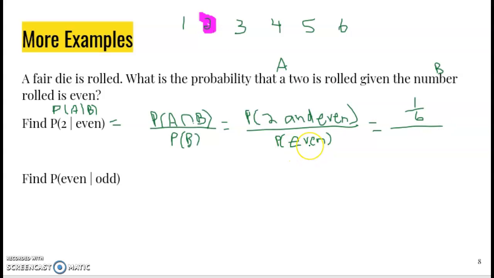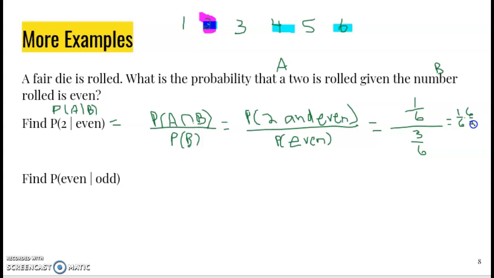The probability of it being an even number, however, out of this group is going to be a 2, a 4, and a 6. So in that case, my probability would be 3 out of 6, or a half. And when I divide these two, I get a sixth times the reciprocal, 6 over 3.